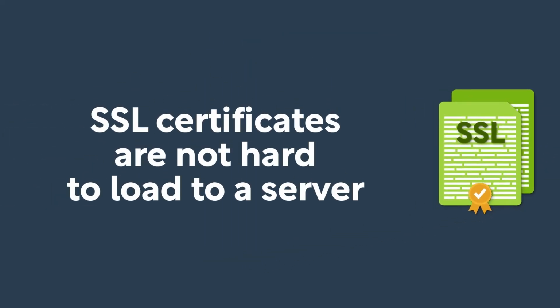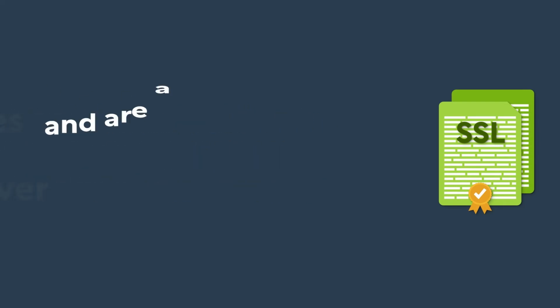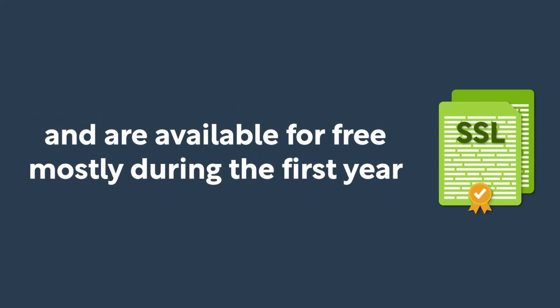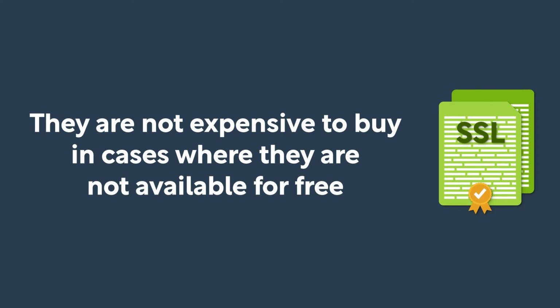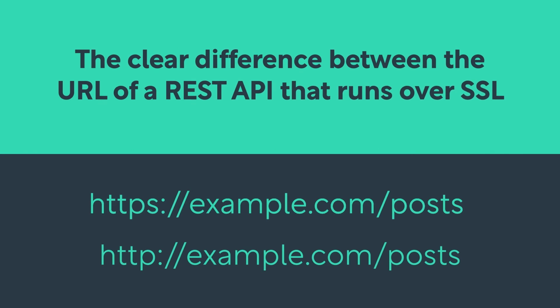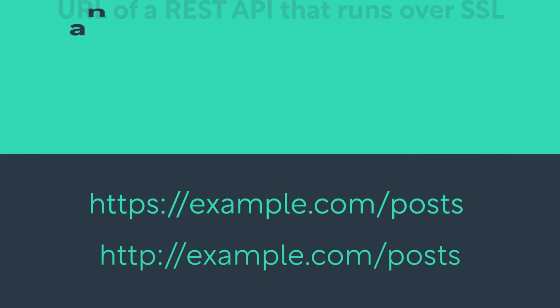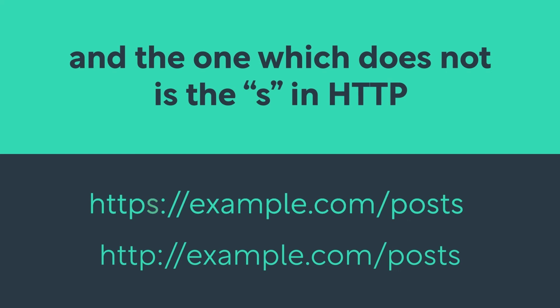SSL certificates are not hard to load to a server and are available for free mostly during the first year. They are not expensive to buy in cases where they are not available for free. The clear difference between the URL of a REST API that runs over SSL and the one which does not is the S in HTTP.